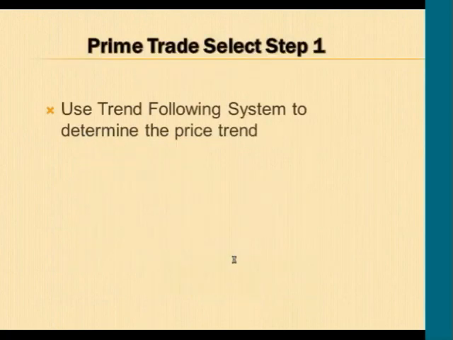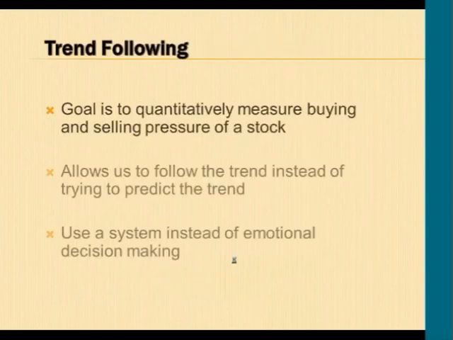So again, step 1, we use a trend following system to determine the price trend, and the basic concept behind a trend following system is that it quantitatively measures the buying and selling pressure of a stock, and it allows you to follow the trend instead of trying to predict the trend.